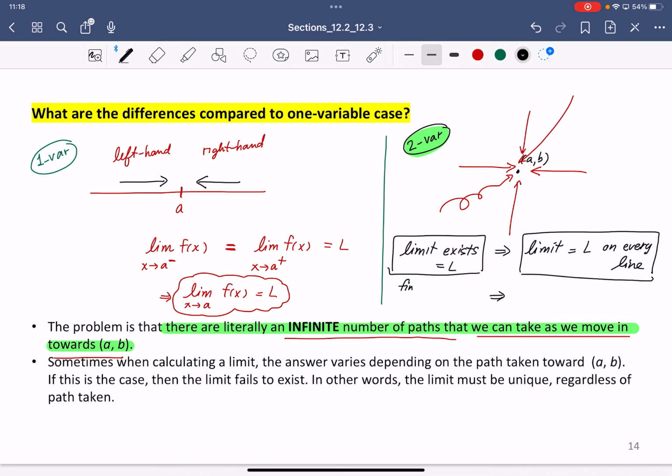So if you find two lines whose limits are different, then the limit does not exist.